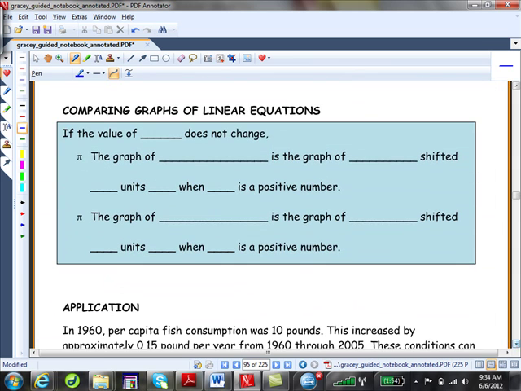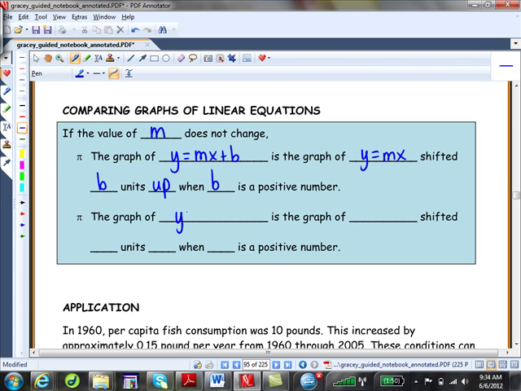All right, so now comparing graphs of linear equations. If the value of m does not change, so you have y isolated and m stays the same, the graph of y equals mx plus b is the graph of y equals mx shifted b units up when b is a positive number.